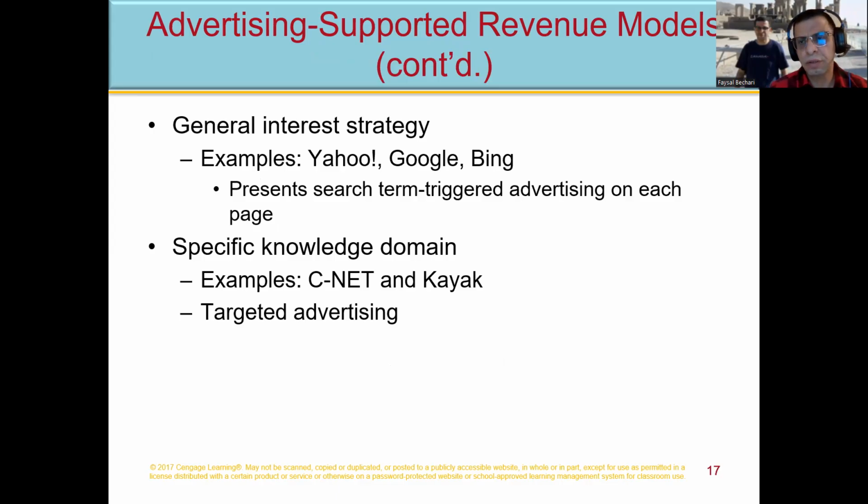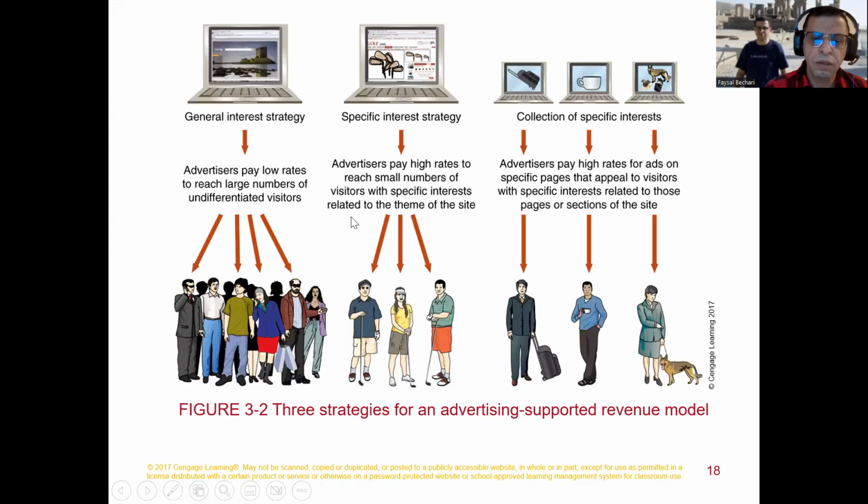And there are other sites, which are knowledge domains like CNET and Kayak, which have some kind of targeted advertisement. So in general, there is what you call the general interest strategy, one ad targeting everybody, one to mass. And then the specific interest strategy, where you're targeting a specific group to come in.